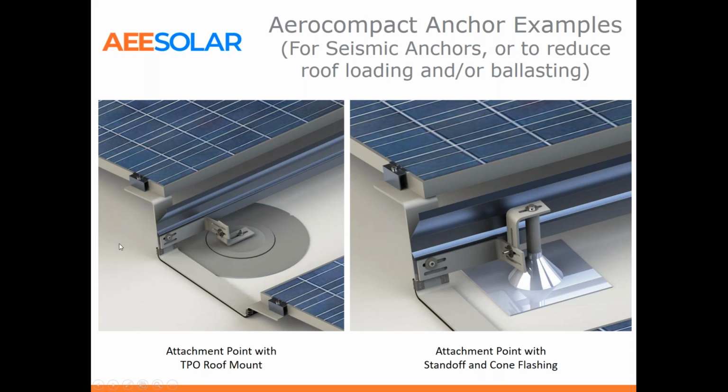Here are some examples of anchors. The left one would be a U-Anchor, I believe. I don't think that's a Power Grip Plus. I think that's an Anchor Products U-Anchor. I'm not exactly sure which one that actually is. And to the right, you see a standoff flashing that has a cone around it. I don't have a picture of the ChemLink E-curves, but you can see the two types of anchors that could be used here.